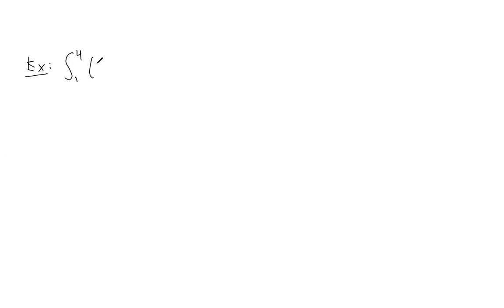We're going to integrate the function 2t to the 3/2 i plus t plus 1 root t k dt. And this is a relatively straightforward thing to integrate. Just integrate the first term.